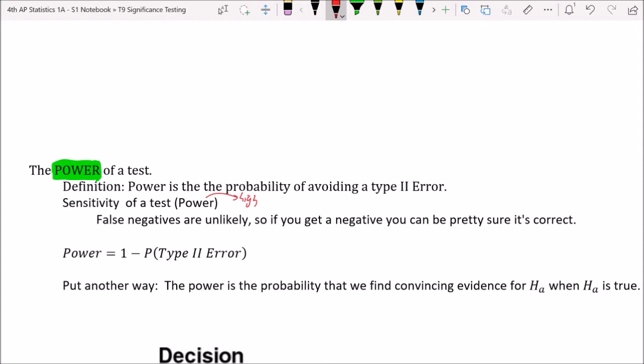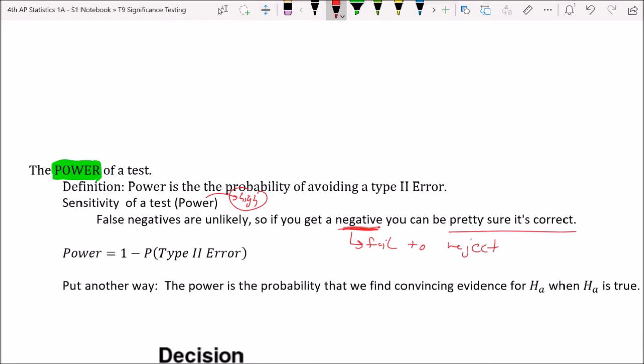So that would tell you that if you got a negative result, now negative result, by the way, would be failing to reject the null. That would be a negative, means you didn't find the evidence. So if you get a negative result, if you end up failing to reject and the power is high, you can be relatively certain that that's the correct conclusion to come to. Okay, and that's why this would be useful.